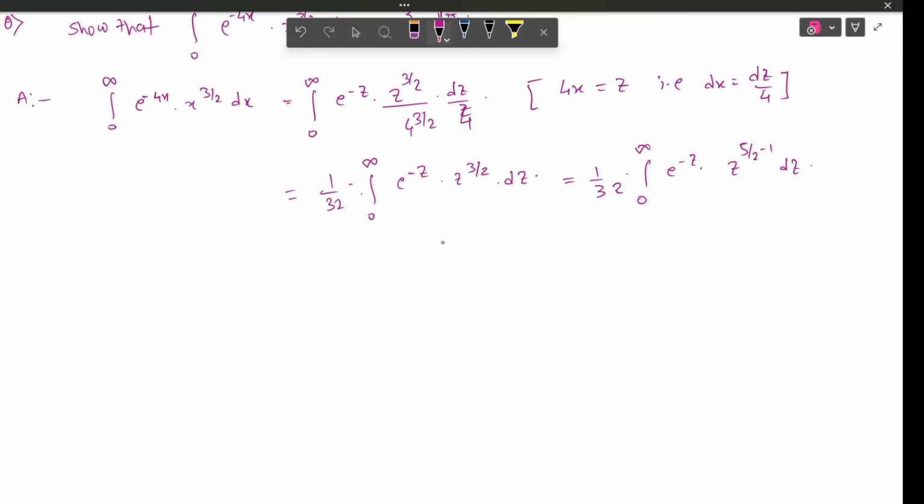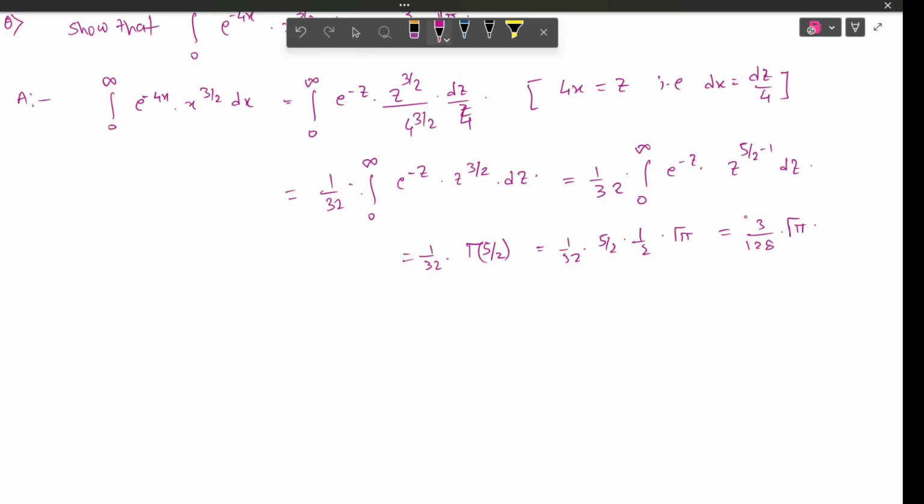So this should be 1 by 32 gamma of 5 by 2. Gamma of 5 by 2 we can write as 3 by 2 plus 1, so it would be n gamma n. So 1 by 32 into 3 by 2 gamma of 3 by 2, and gamma of 3 by 2 we can write as half plus 1. So half will be outside, and gamma of half is root pi. So our answer would be 3 by 128 root pi.